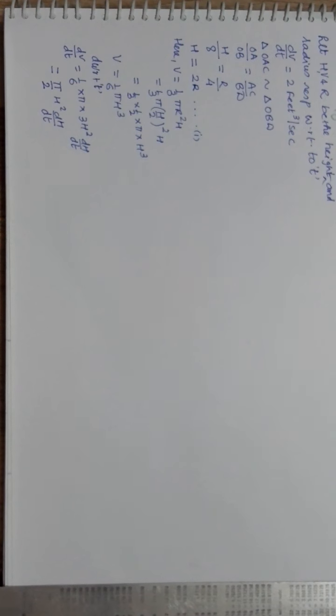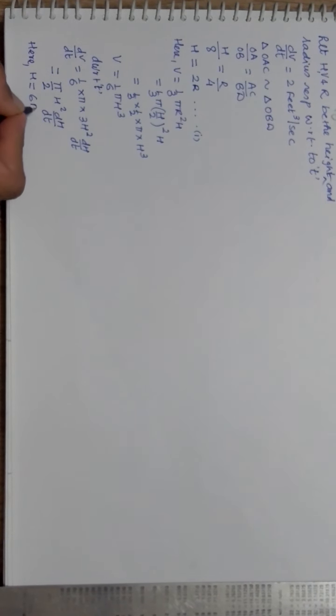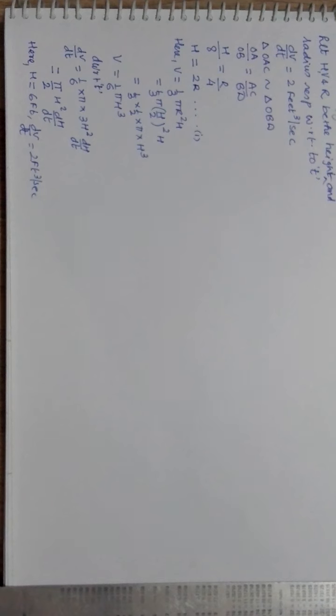Now the H told is 6 feet, and dV by dt is already told as 2 feet cube per second. So this will yield the required dH by dt.